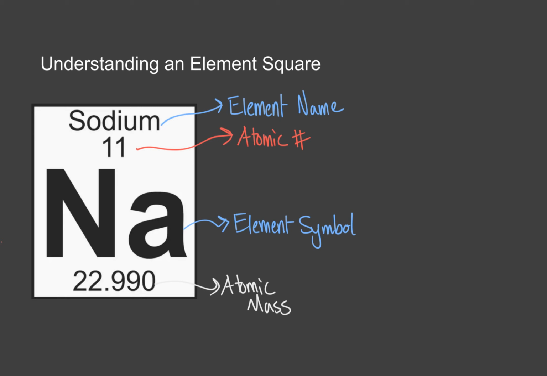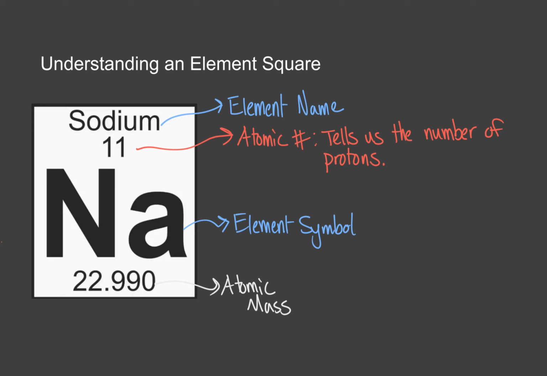The atomic number tells us the number of protons. So the atomic number of sodium is 11. Sodium has 11 protons. The other nice thing about the atomic number is because all elements on the periodic table have a neutral charge.